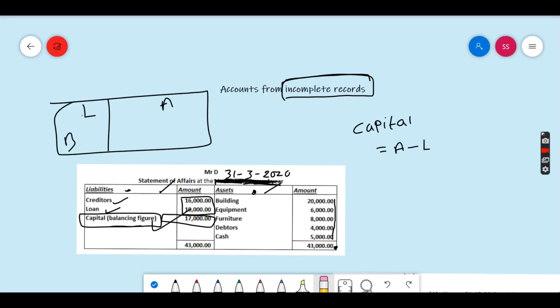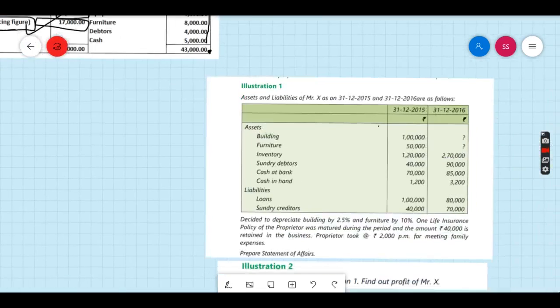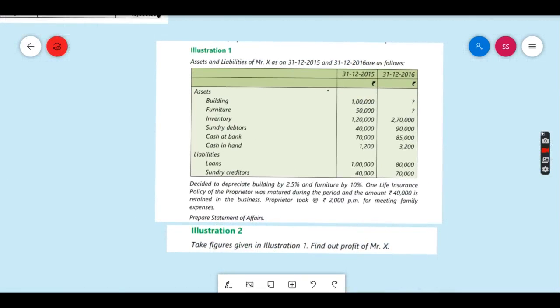So let's start illustration 1. Assets and liabilities of Mr. X as on 31st 12/2015 and 31st 12/2016 are as follows. That means these are the opening assets and opening liabilities, and this is the closing assets and closing liabilities.